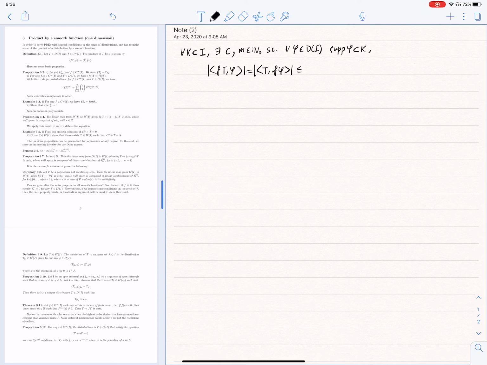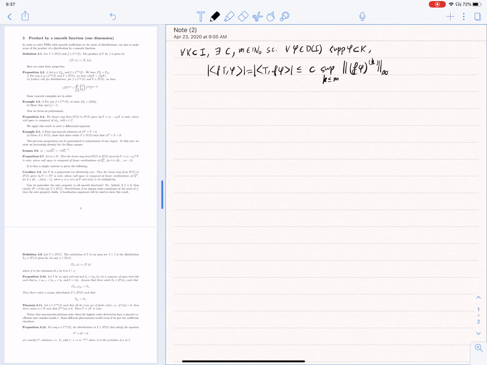According to the fact that T is a distribution, we have the bound C times the supremum over k, a non-negative integer less than or equal to M, of the uniform norm of the k-th derivative of f phi. This is just the equivalent definition of T being a distribution.